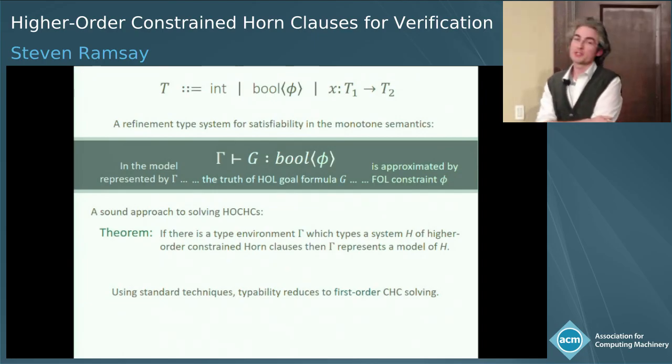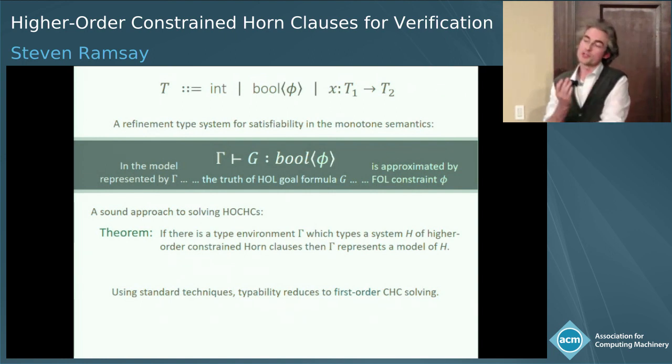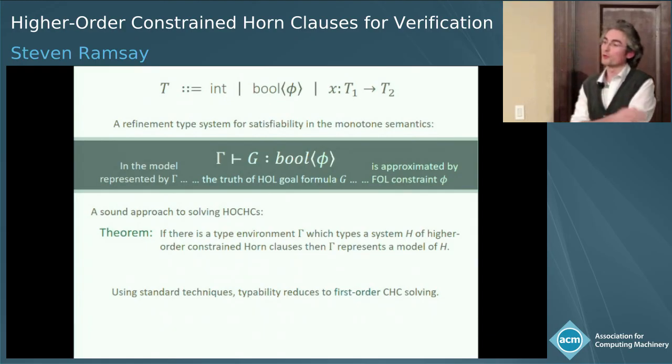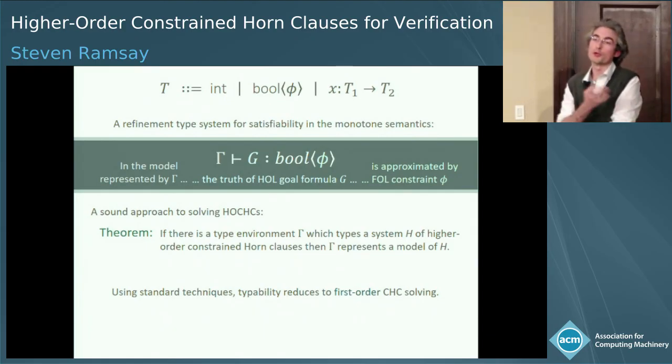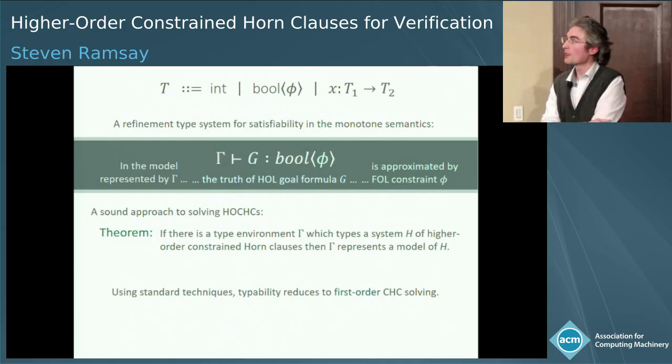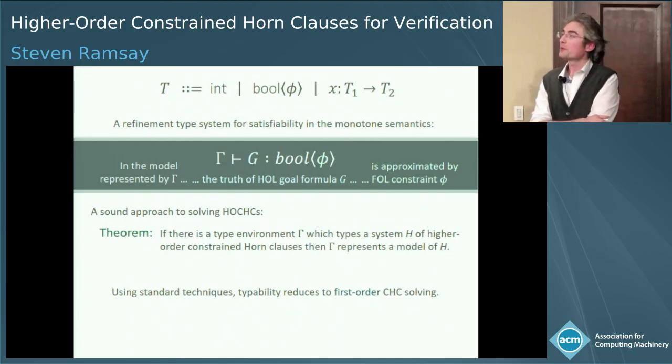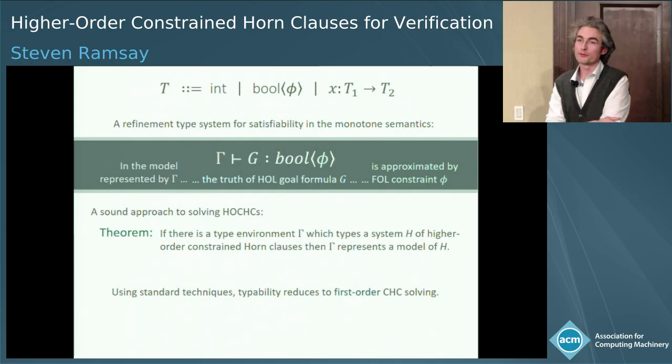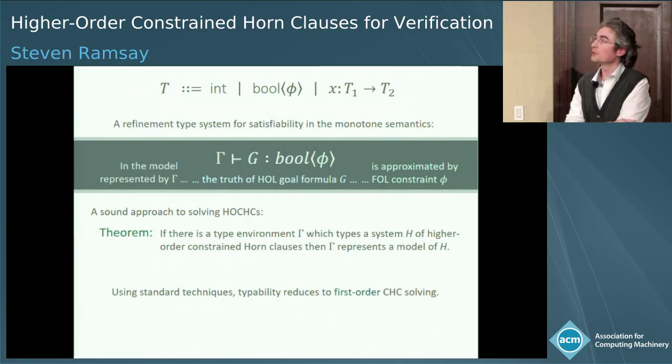For us, refinement types came in 3 flavors. Either they are just the unrefined type int, or in general, whatever your sort of individuals is, depending on what your background theory is. The type bool, refined by a first-order formula from the background theory, or the dependent product.